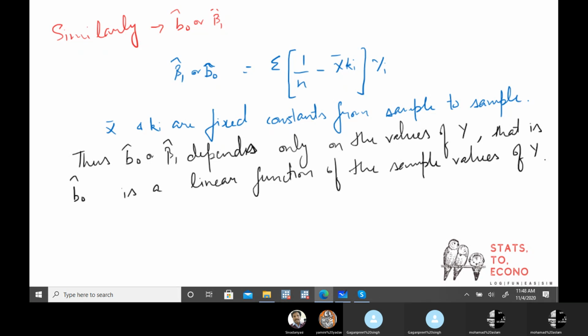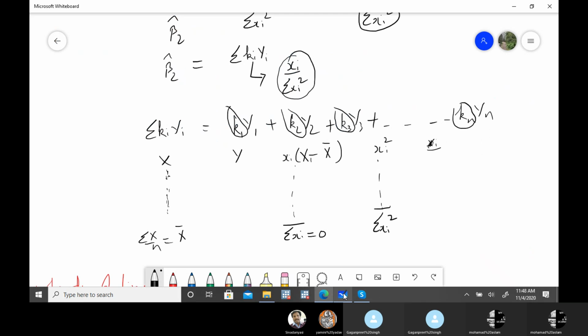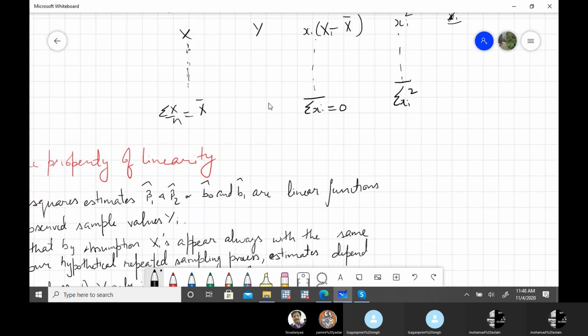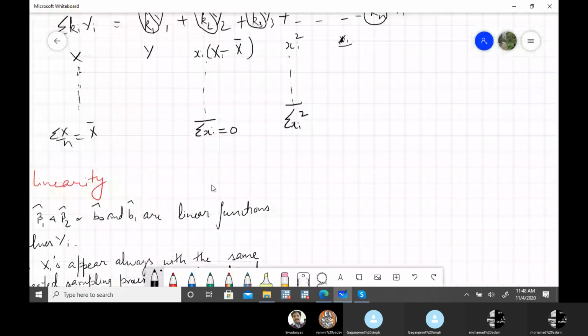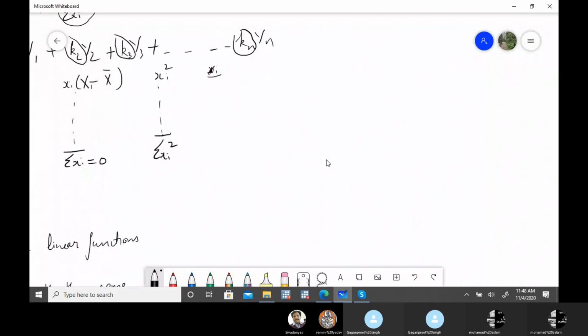So let's take this example. This beta 1, or beta 0 hat if it's Koutsoyiannis notation, is equivalent to y mean minus beta 2 hat x mean, that we got from the derivation.